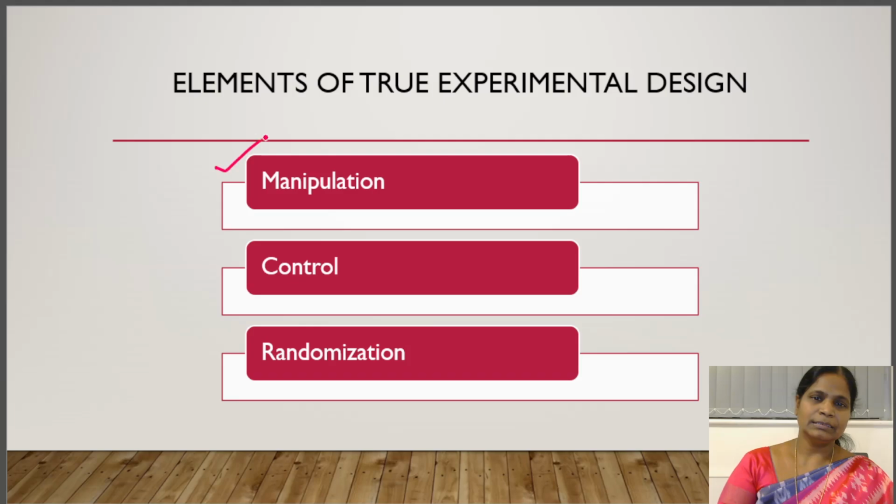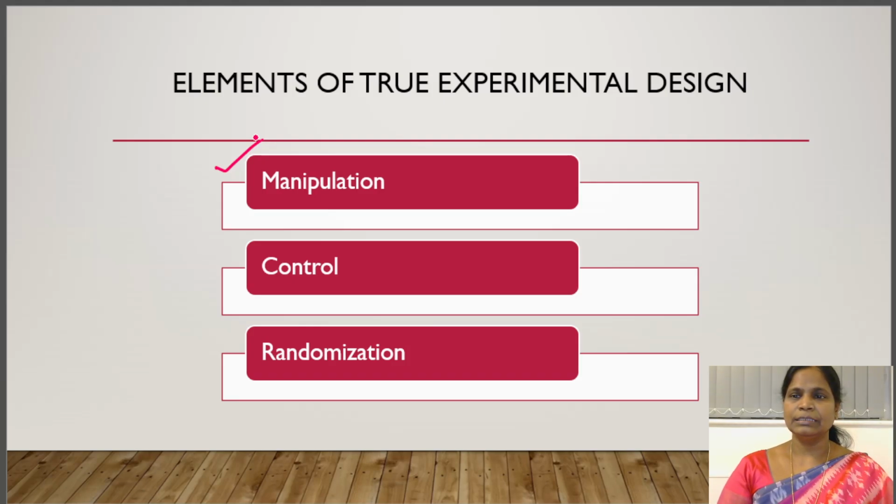Why does a researcher do manipulation? In order to get the findings and results that he wants. Sometimes he may manipulate the environment or change the setting. For example, an easy example I'll tell.